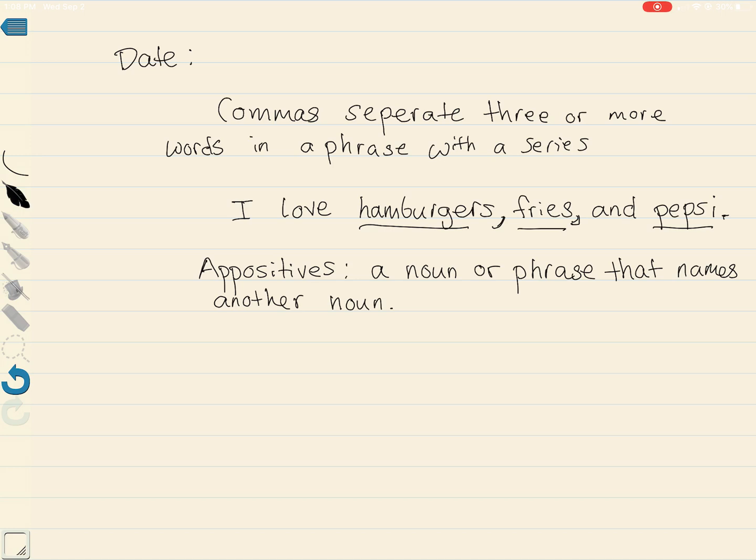Okay, so for example, if I have an appositive, I might say, my dad, Dave, went to the movies with me.